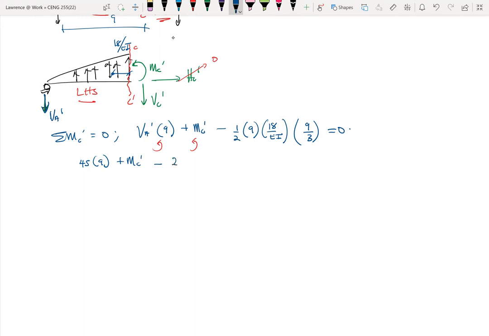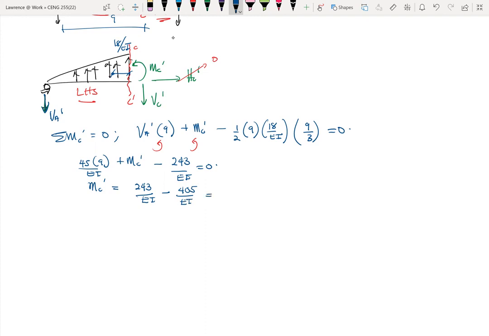So minus 243 over EI equals 0. So our MC prime would be equal to 243, also over EI. So 243 over EI minus 45 times 9 will give us 405. So minus 405 over EI.